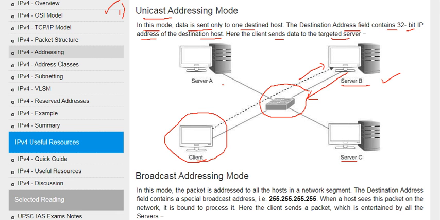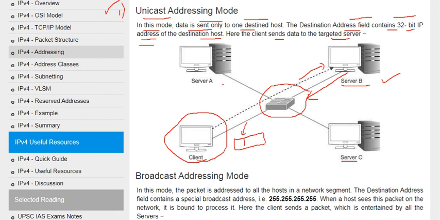So in this unicast addressing mode, so data is sent only to the one destined host. Okay, तो इसमें at a time only one client will send the data to the server, and the destination address field contains the 32-bit IP address. ठीक है, तो इसमें जो फ्रेम होगा, जो सेंड होगा डेटा फ्रेम, सो दैट हैज़ अ हेडर. सो इन दैट हेडर द 32-bit IP address of the destination field will be in that header of the frame.